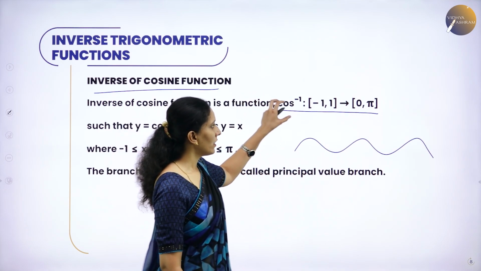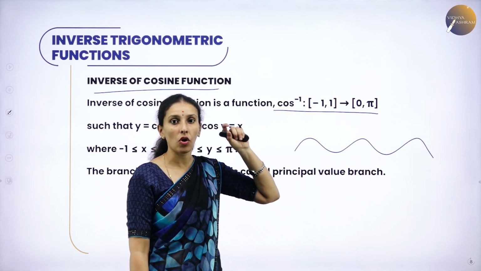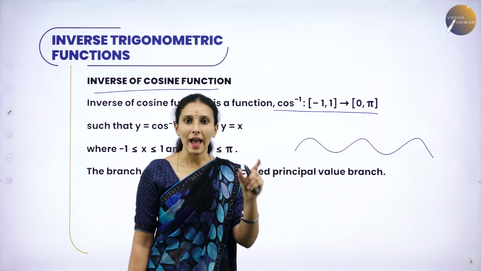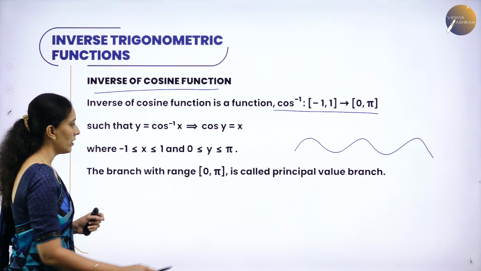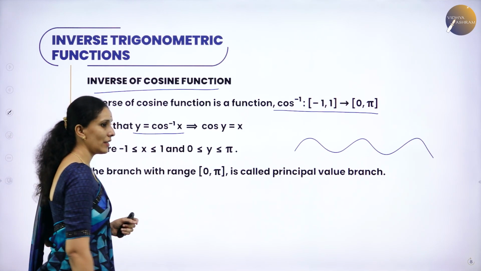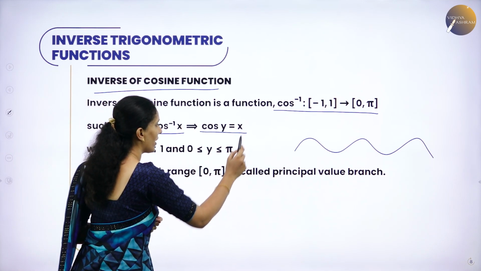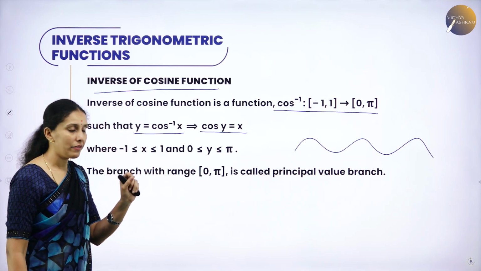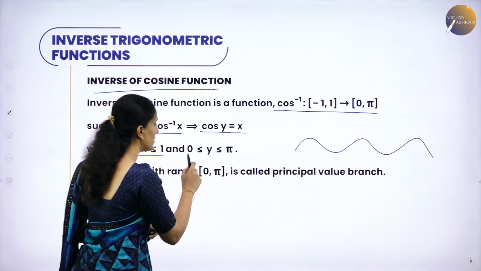Here, in the inverse function, the domain of the trigonometric function is always a real number and the range is always the angles. Now, how do we define the cos inverse function? We take y is equal to cos inverse x such that we can write the inverse in the form cos y is equal to x, where x is a domain value which lies from minus 1 to 1 and y lies from 0 to pi.